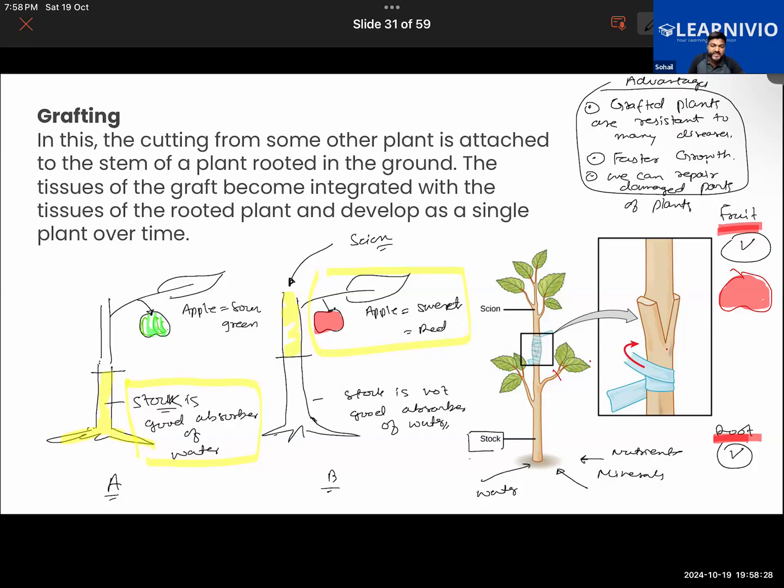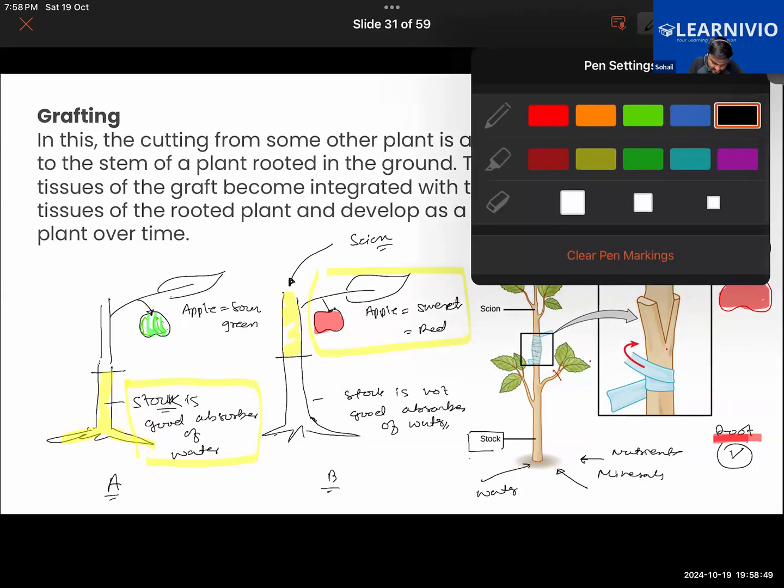And there are several examples of plants that are grafted. The common examples are mango, apple, guava. In fact, plants like roses and hibiscus are also grafted.